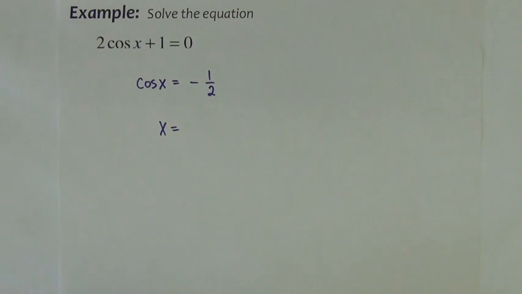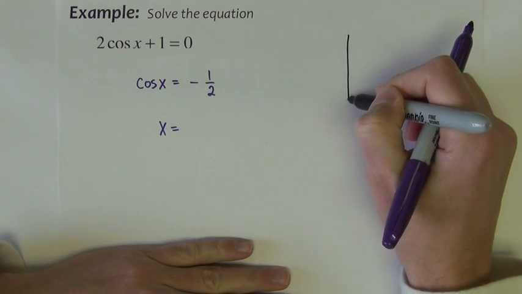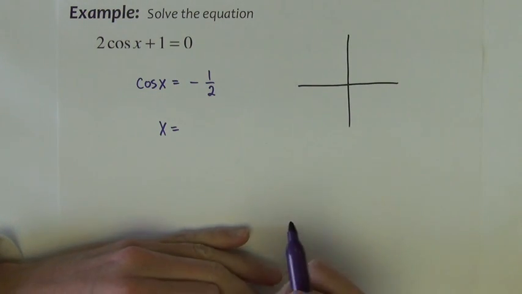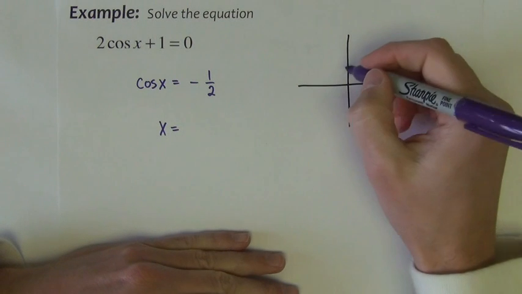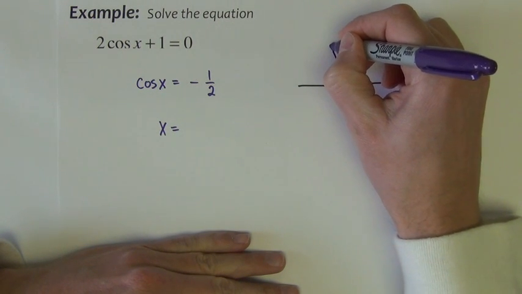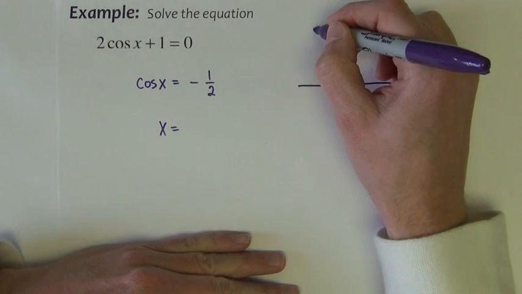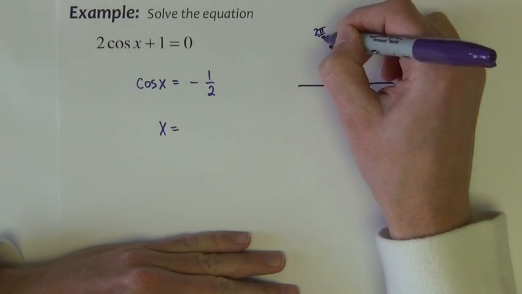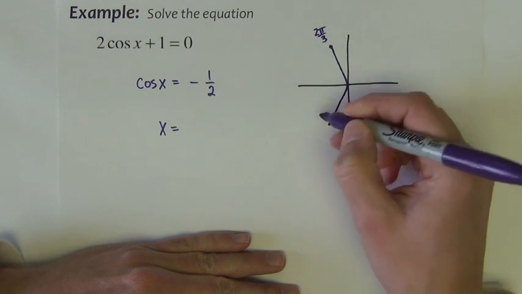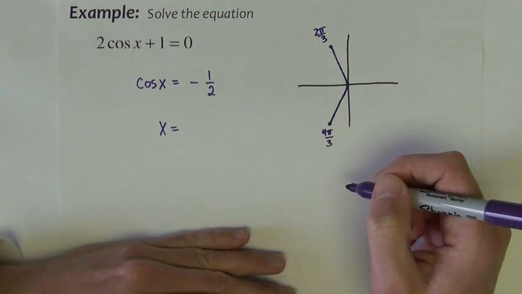Let's actually draw this because we're going to need the drawing anyway to understand how to finish the problem. So cosine is equal to negative 1/2 at this angle. Okay, this angle is 2 pi over 3, and also at this angle, which is 4 pi over 3.